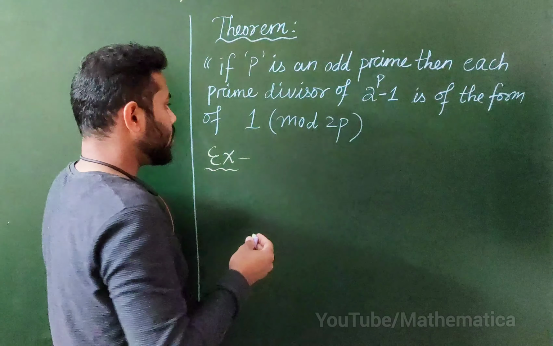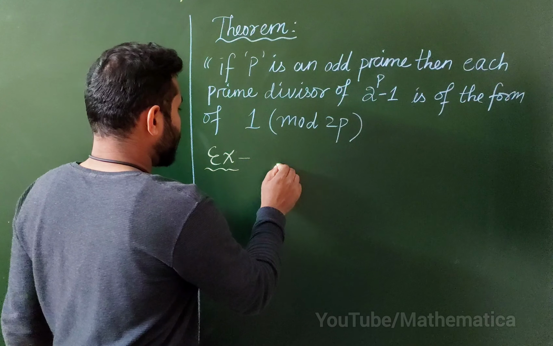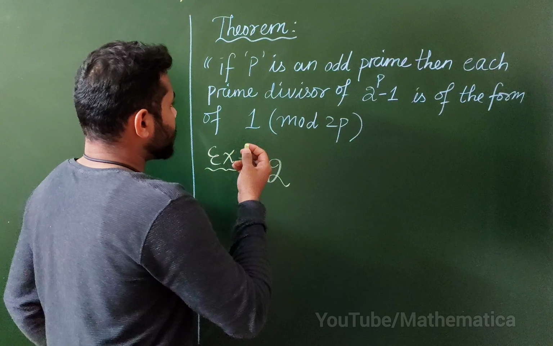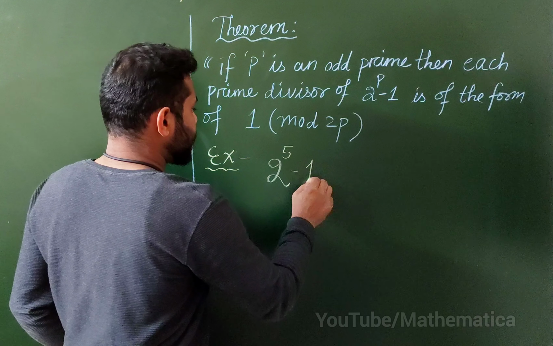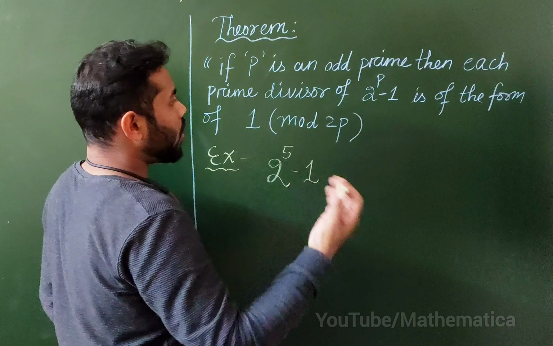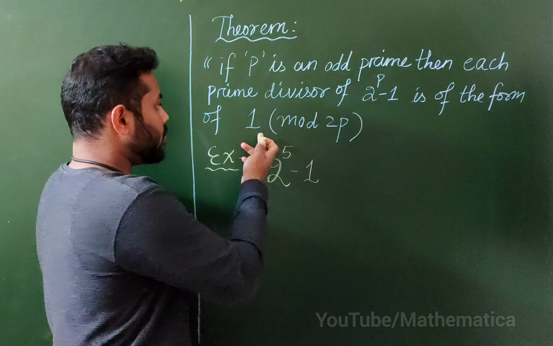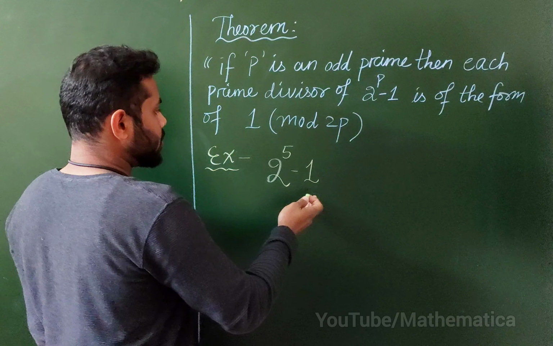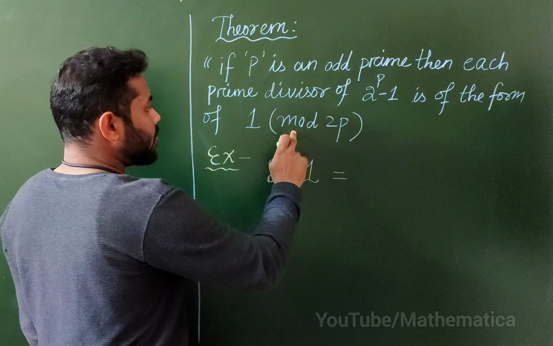What does this mean? If you take 2 to the power of any odd prime number, for instance 5, then all the prime divisors of this number must be of the form 1 mod 2p.